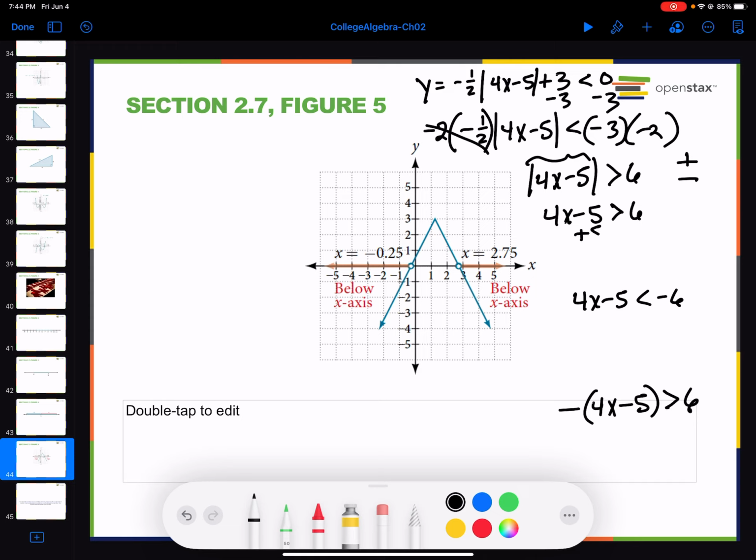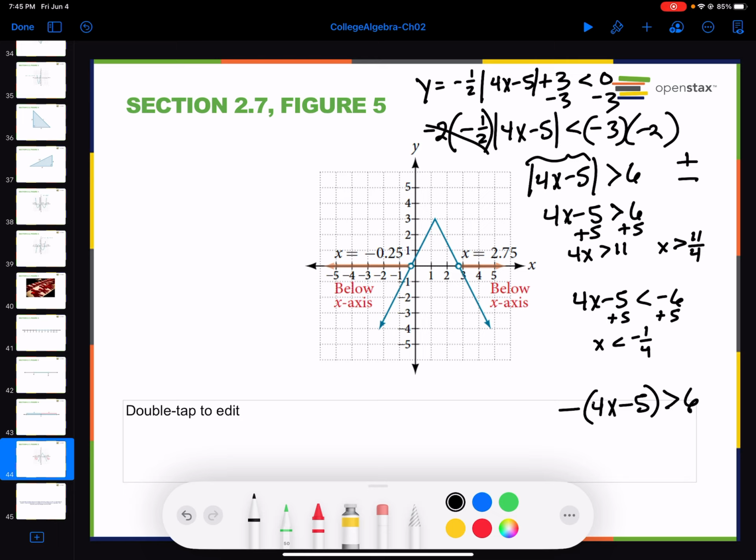So now we can do plus 5 here. That's going to give us 4x greater than 11, or x greater than 11 fourths. And then here we've got plus 5, plus 5. That's going to give us x less than negative 1/4.